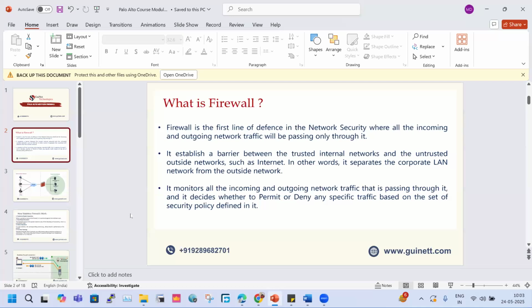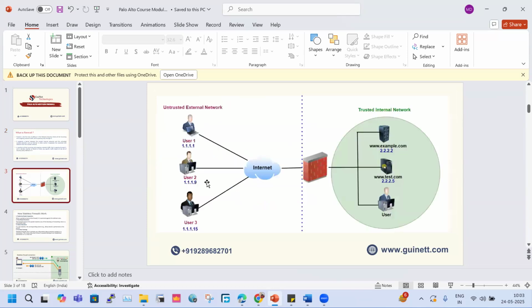Okay, that's great. So guys, what is a firewall? A firewall is a network security device that creates a network barrier between your trusted LAN network and your untrusted WAN network, right? That we discussed in our previous session. This picture elaborates the functioning of our firewall.